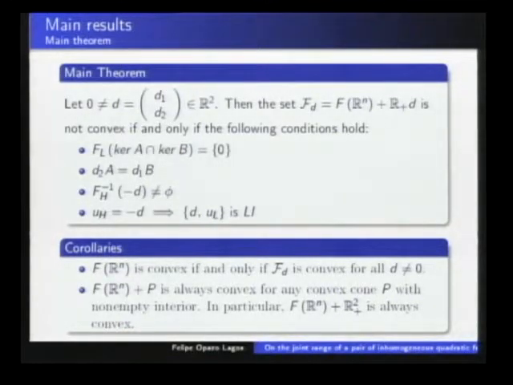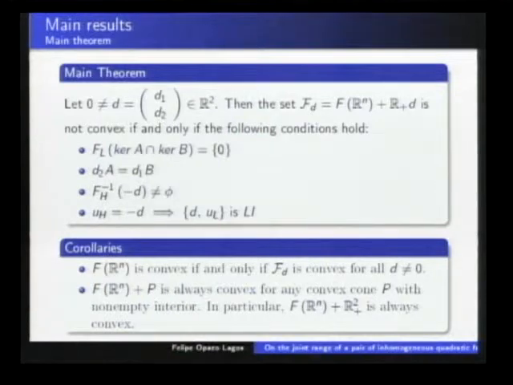And this one, in particular, is always convex for any data. And I mention it because this was the starting point of the work, the conjecture that this set is always convex. Okay? It turns out to be true, and then we get weakness of the assumptions in order to get here, okay?